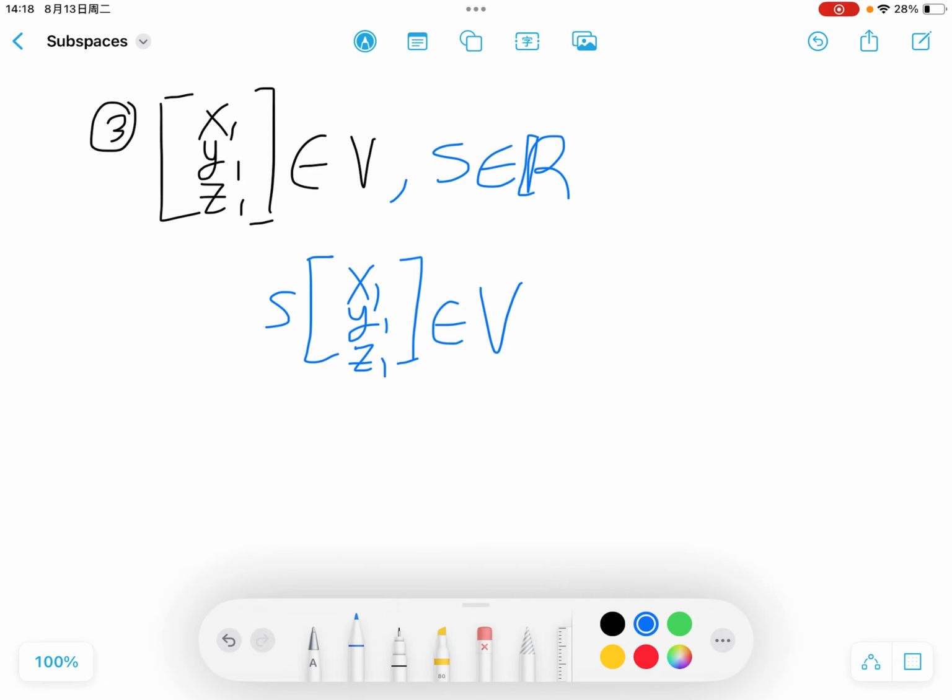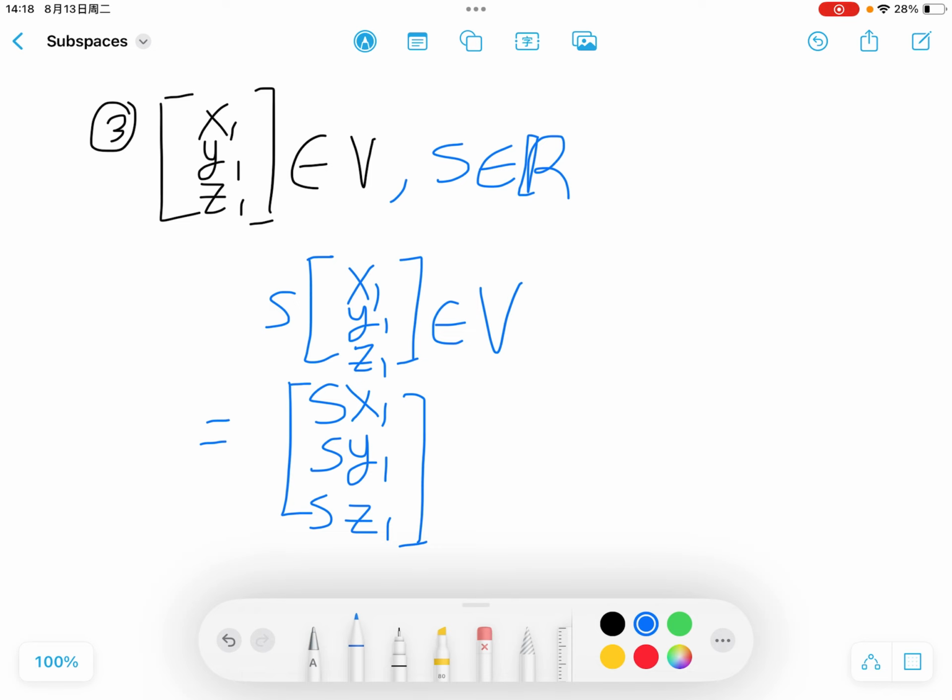So what does this give us on the left hand side? This is equal to sx1, sy1, sz1, right? So this vector has to be in subset V.